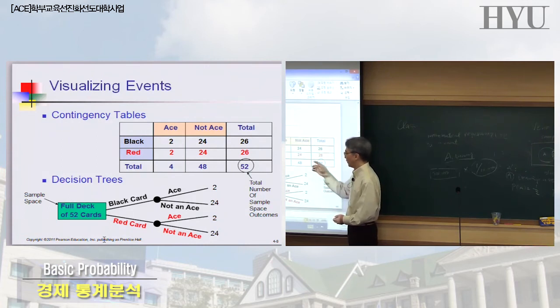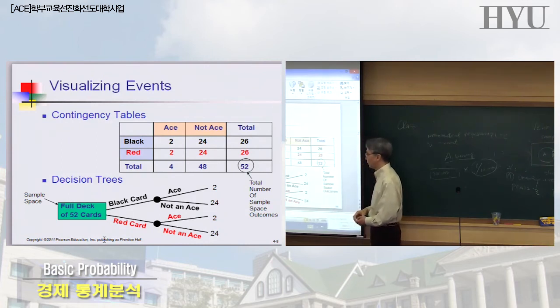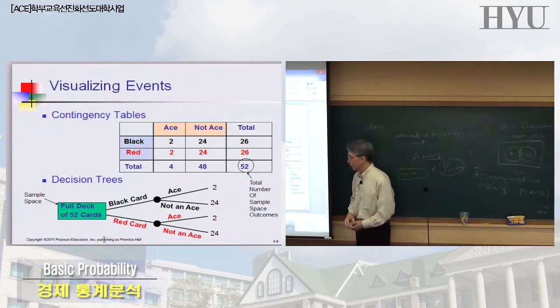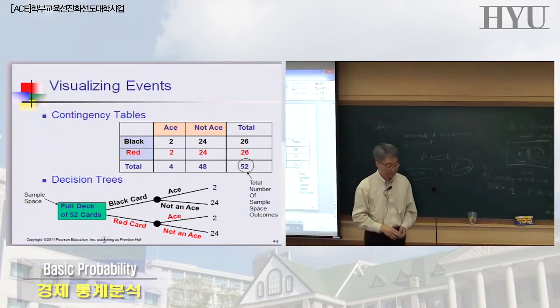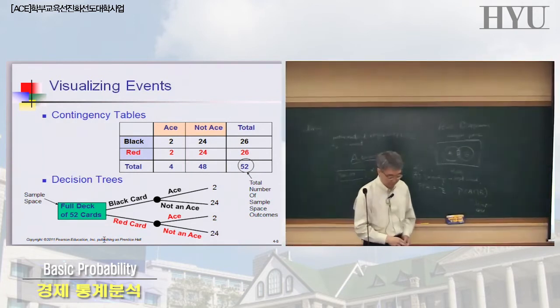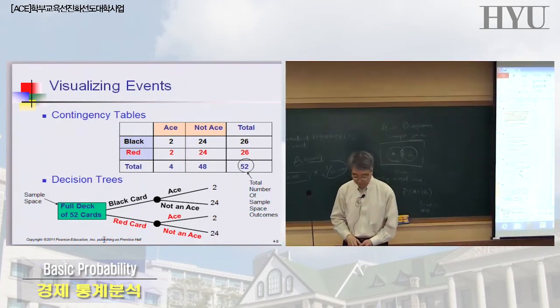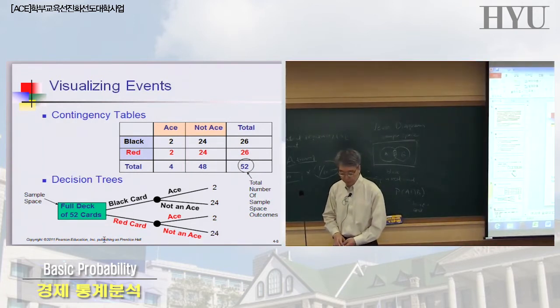It's 24 out of 52, or 12 out of 26. So using this contingency table, you can ask and find many different probabilities.